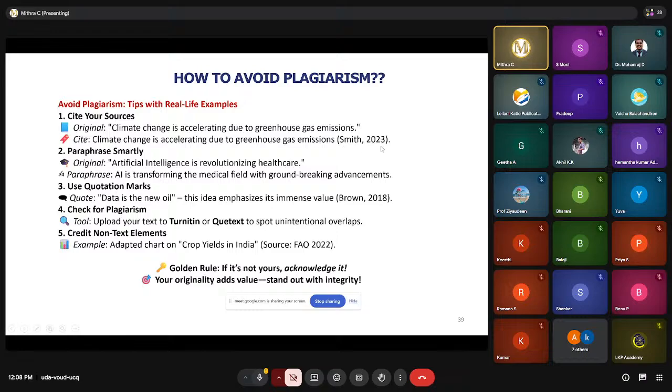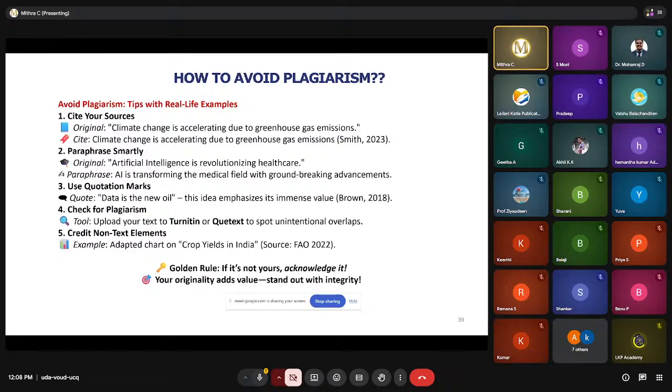This is one way of reduction. Second, we can paraphrase the content. That is one such way we can reduce the plagiarism. And by using some quotation, we can reduce the plagiarism. And the next tool is the report. Based on the report also, you can change the content. So according to us, these are all basic ways.